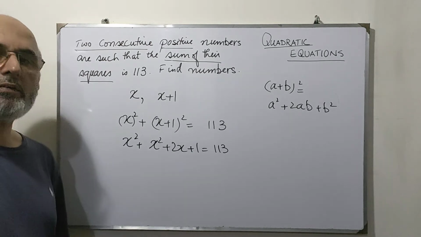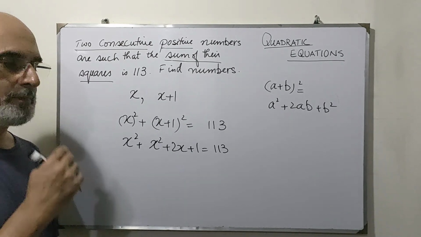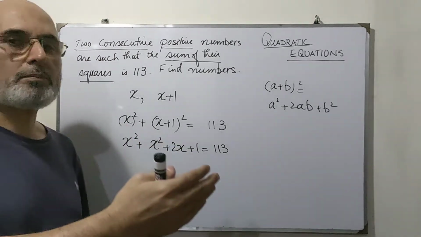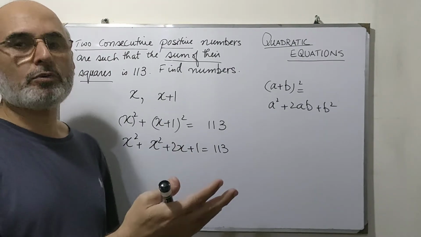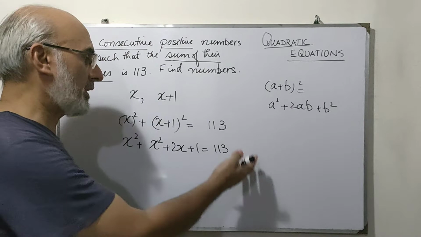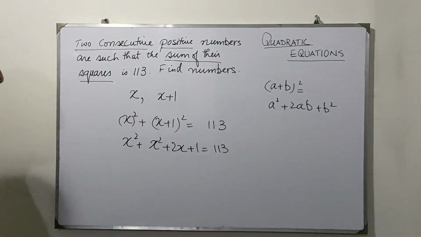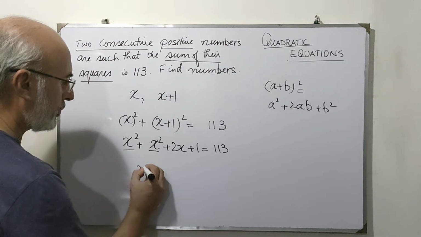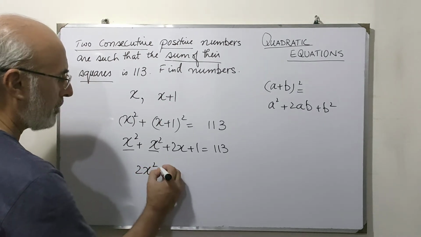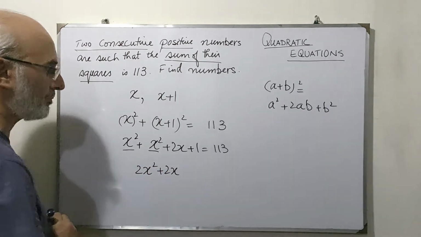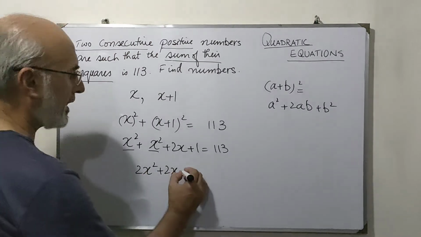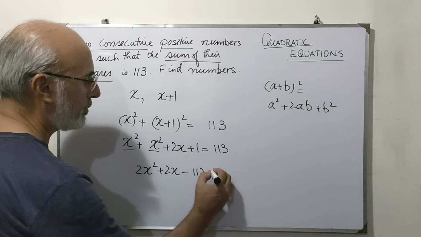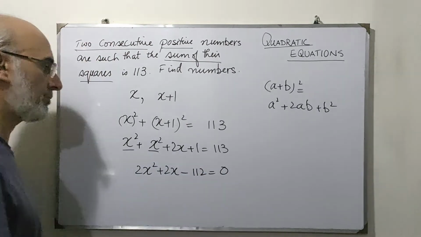It's better to have the number on the left hand side because it's an equation, and if you do something on the left hand side, you have to do it on the right hand side too. So I'm taking the number to the left hand side. So I'm going to add these two, 2x square plus 2x minus 112 equals 0.